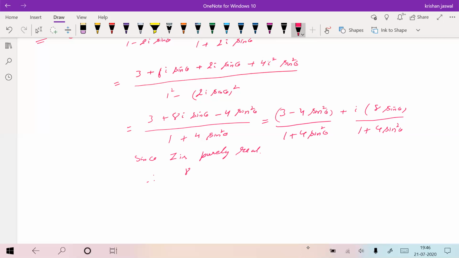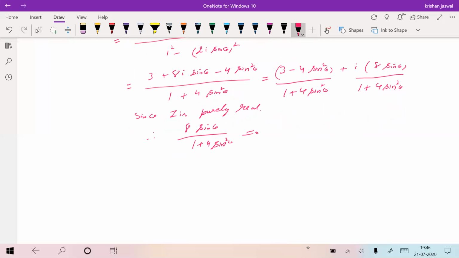Therefore 8 sine theta over 1 plus 4 sine square theta is equal to 0, or 8 sine theta is equal to 0. Sine theta is equal to 0. Theta is equal to n pi, the general value of theta, where n belongs to integers.